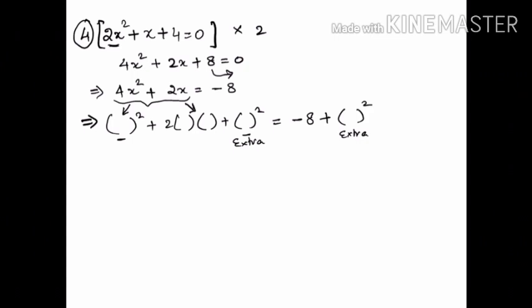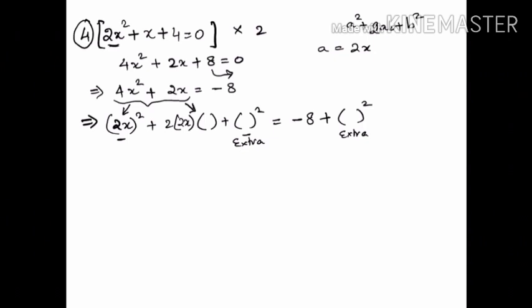4x square is obtained by squaring 2x. So 2x is the first term. So a square plus 2ab plus b square. In this, a is equal to 2x. So we will substitute here 2x.